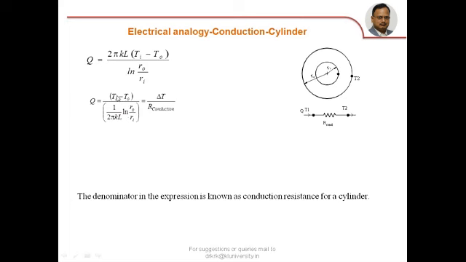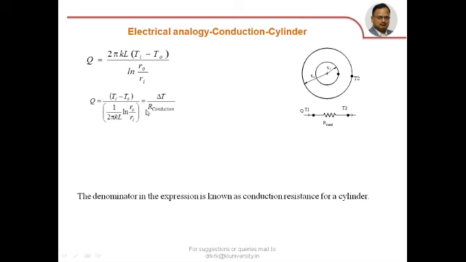So this is equal to delta T by conduction resistance. So look at this resistance figure. Q is equal to delta T by conduction resistance, similar to I equals delta V by electrical resistance. So heat transfer through a hollow cylinder can also be represented as Q equals delta T by conduction resistance offered by that cylindrical material.